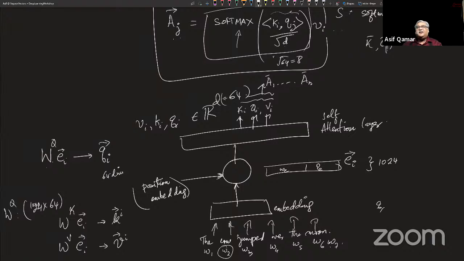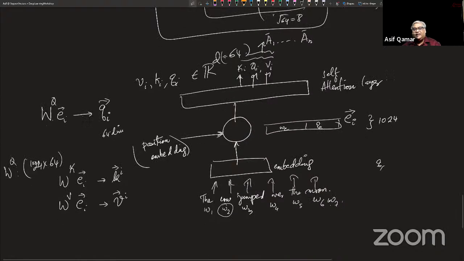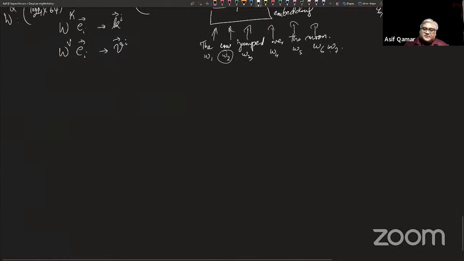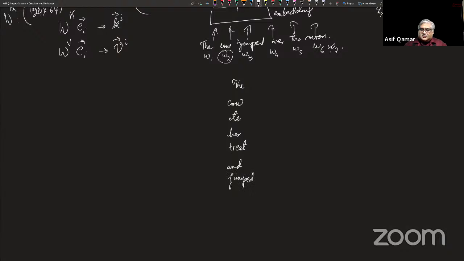So you have a different attention vector for each of the words, and the intuition is this. So let's look at the word, let's say, cow. Let me write it out. Now I'm going to complicate this sentence. The cow ate her treat and crossed the fence and jumped over the moon.